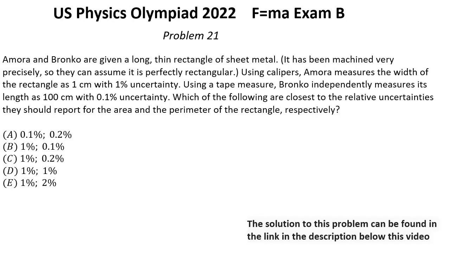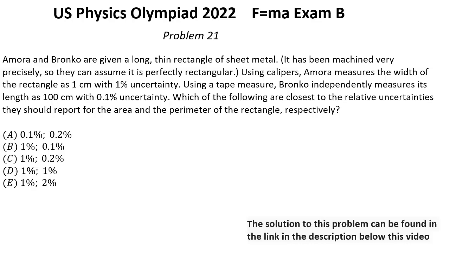Problem number 21. Amore and Bronco are given a long, thin rectangle of sheet metal. It has been machined very precisely, so they can assume it is perfectly rectangular. Using calipers, Amore measures the width of the rectangle as 1 cm with a 1% uncertainty.